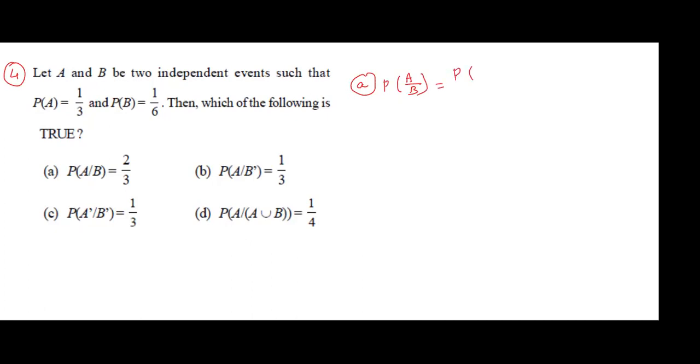P of A intersection B divided by P of B. But A and B are independent events, so the numerator is P of A into P of B divided by P of B. P of B cancels, remaining P of A. That value should be 1 by 3.